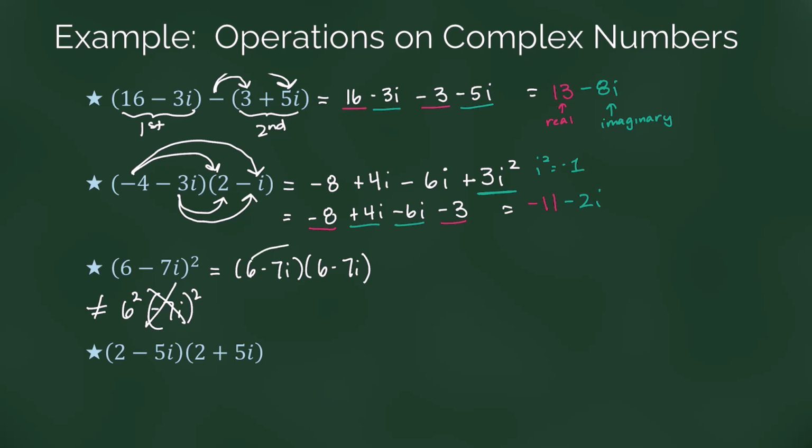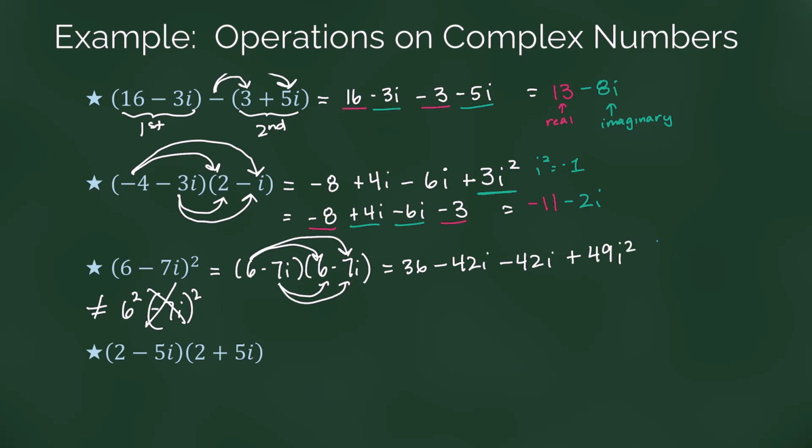So again, just like above, we're going to do 6 times 6. 6 times negative 7i is negative 42i. Again, we have negative 7i times 6, that's another negative 42i. And then lastly, negative 7i times negative 7i, which gives us positive 49i squared.